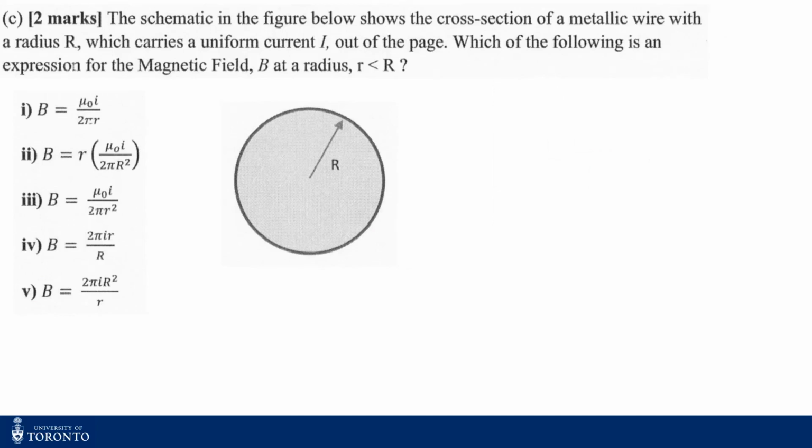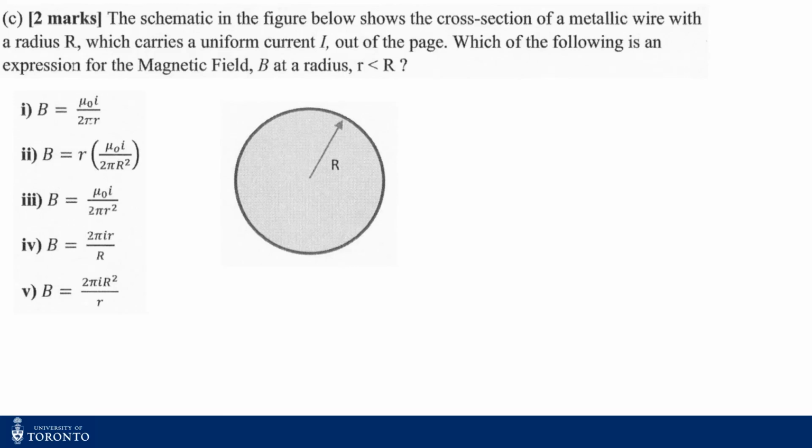Now here we see a metallic wire of radius r, which carries a uniform current I out of the page. You have to find the magnetic field equation for a radius smaller than the radius of the entire wire.